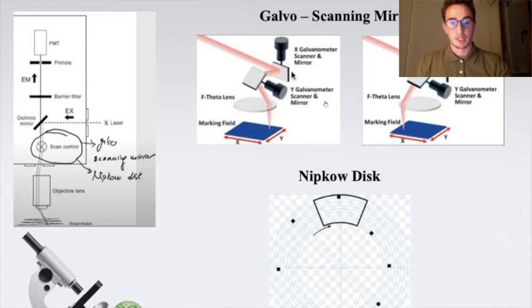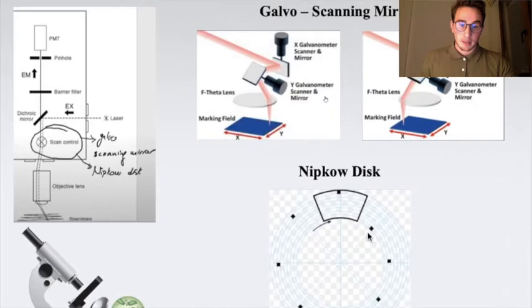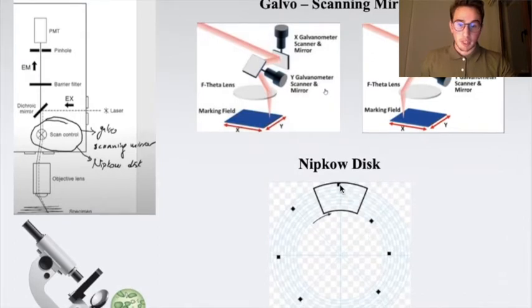With the Galvo scanning mirror, if you make angles on a mirror, you can move the light. This principle is the same as the Nipkow disc, which has micrometric holes on it, and it turns.